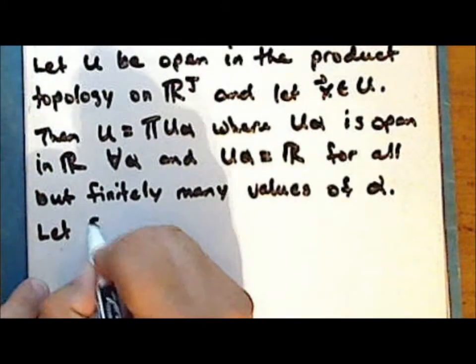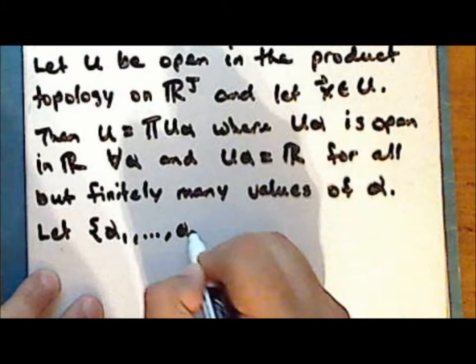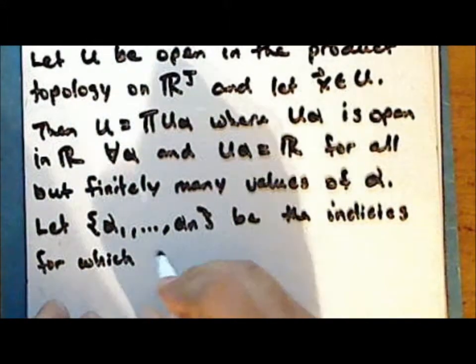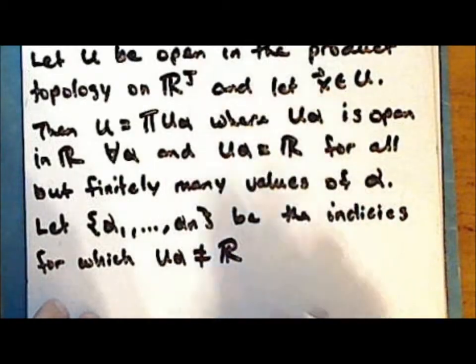So let alpha 1 through alpha n be the indices for which U sub alpha is not the entire real line.